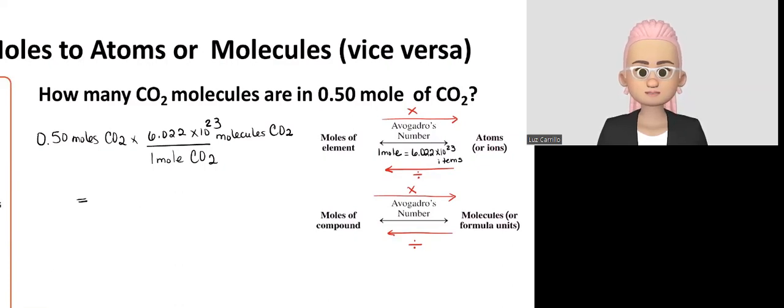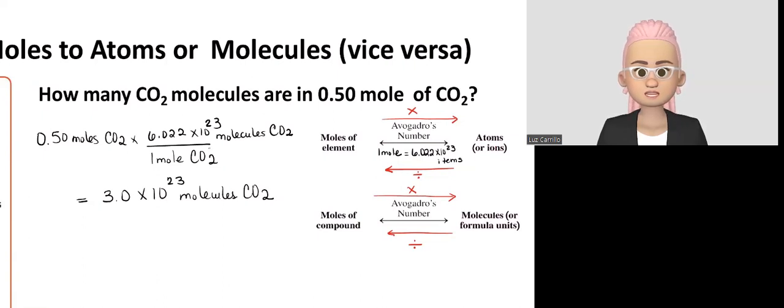Now, because the measurement given has 2 sig figs, I need to round this value to 2 significant figures. So that means that my calculator display will convert to 3.0 times 10 to the 23rd molecules of CO2.